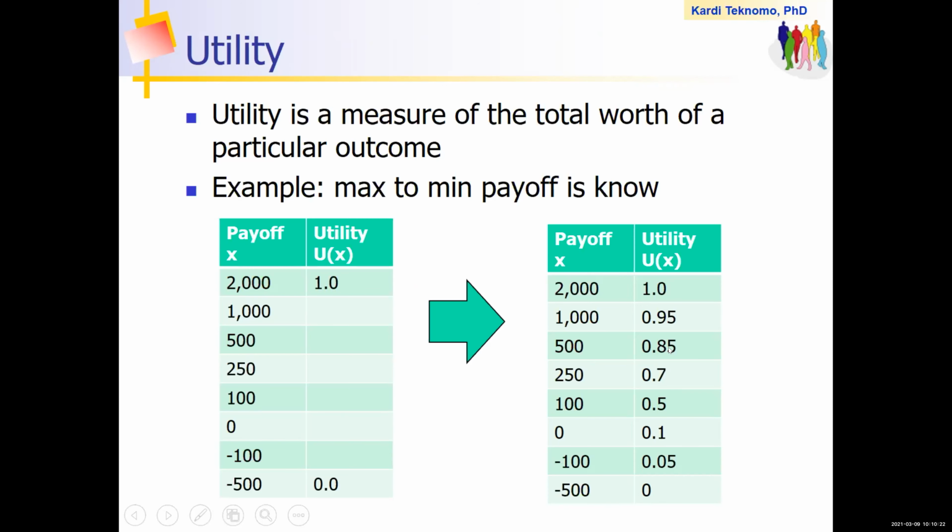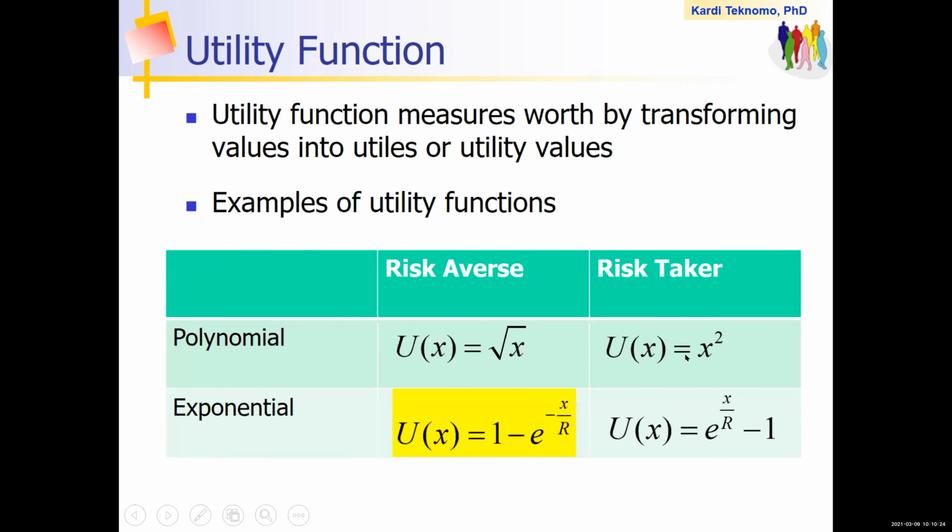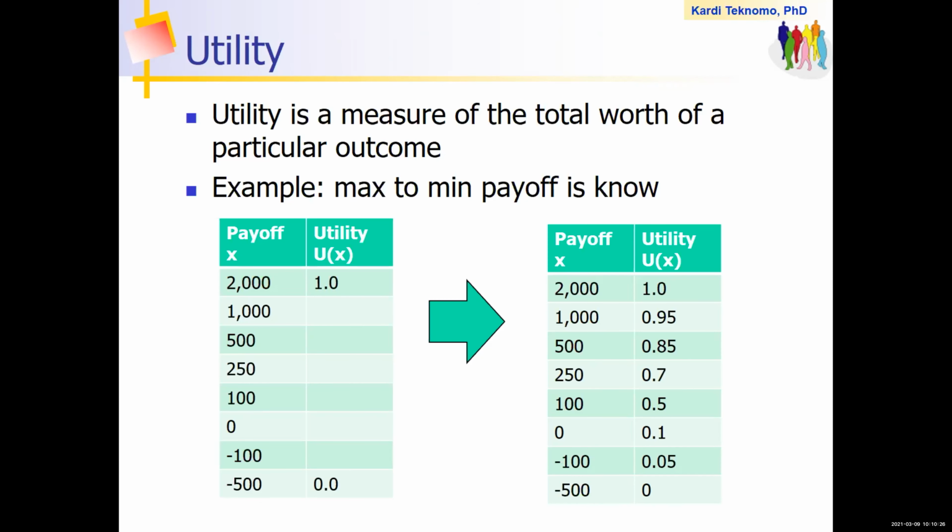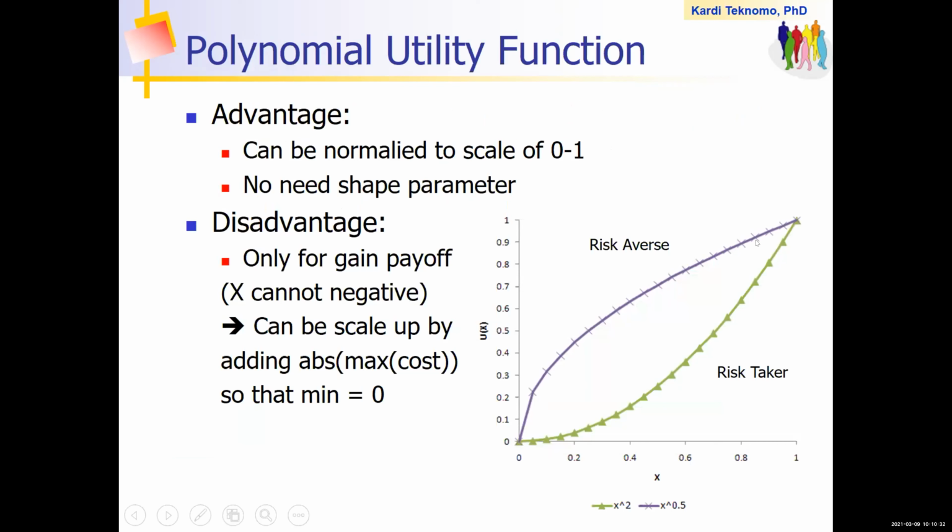If 500, I will put 80%, and so on. Then you can draw it. When you plot the value on the x-axis and the utility on the y-axis, you can check whether you are risk averse, risk taker, or risk neutral.